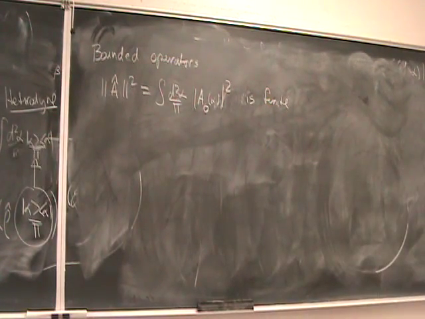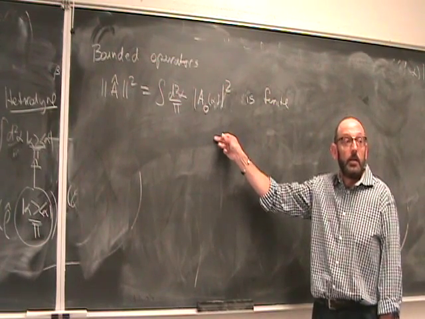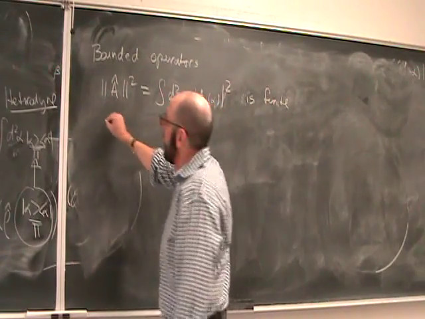Okay? So if that is a finite number, then we say it's a bounded operator, and this then is a good representation.